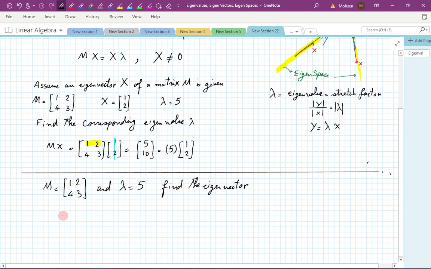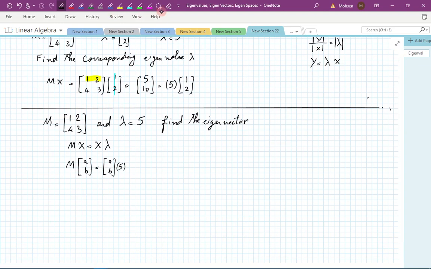So here I start by saying Mx is supposed to be x times lambda. This time I don't know what x is, so I just put parameters a and b. This is supposed to be (a, b) times lambda, that is 5.